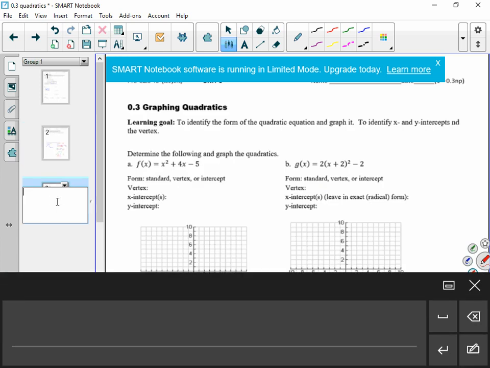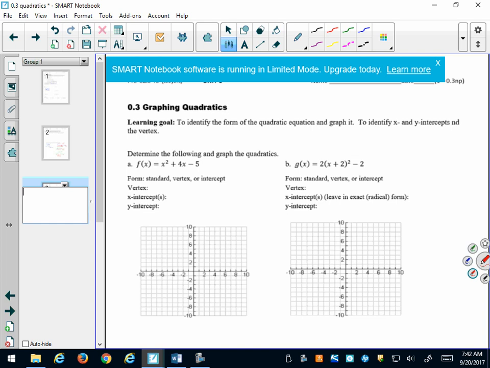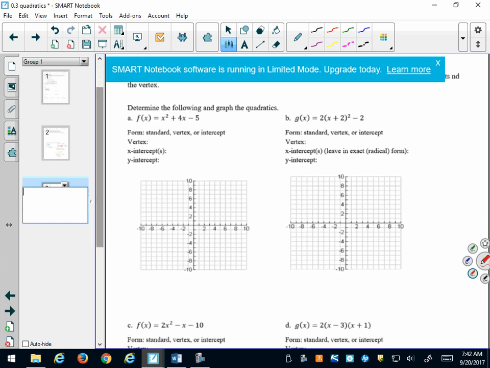Okay, so graphing quadratics. There's basically three forms of a quadratic equation for graphing. There's the standard form, the vertex form, and the intercept form. Which one is this? First one. That's standard form, right?